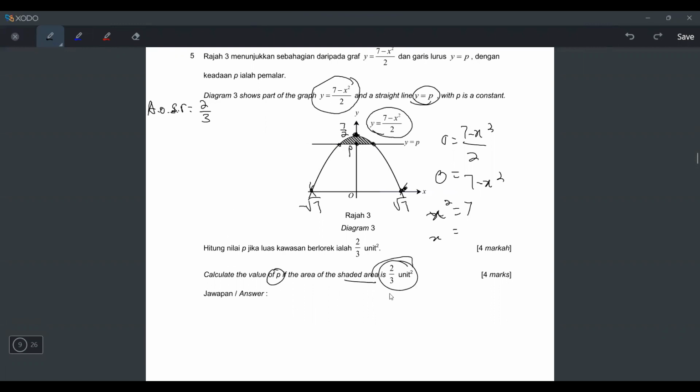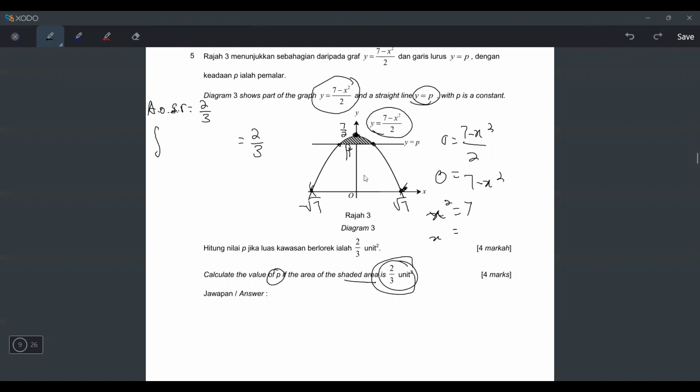Calculate the value of p if the area of the shaded region is 2 over 3. As you can see, this is an integration question, and definitely we will use the integration method to find the area. But I want you to tell me, this shaded region, is it floating? Because if it's floating, then I have to take something minus something. But if it's sticking on the axis, then you don't have to take something minus something.